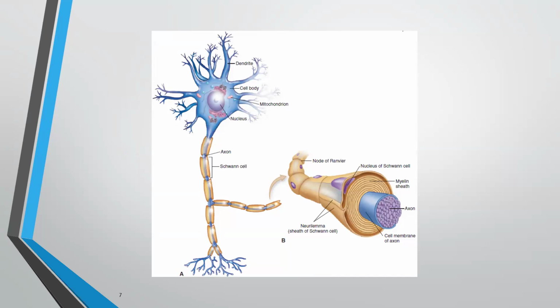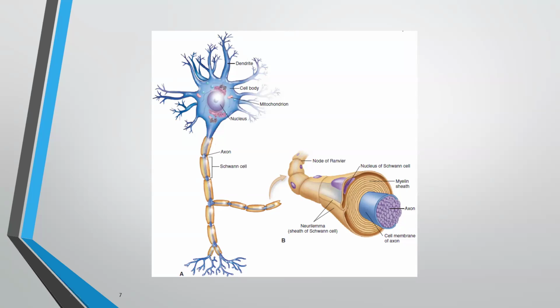You can see the cell body that holds the nucleus, and attached to the cell body are the dendrites. That's what receives input signals. Then you have your axon, which is this long sheath coming from the cell body that sends signals away from the cell.